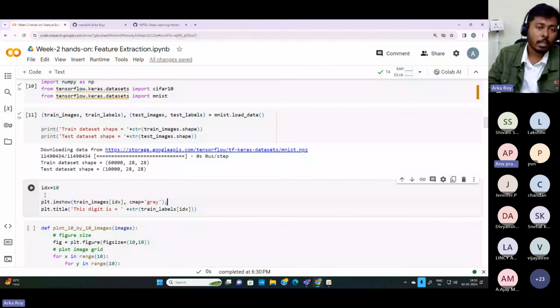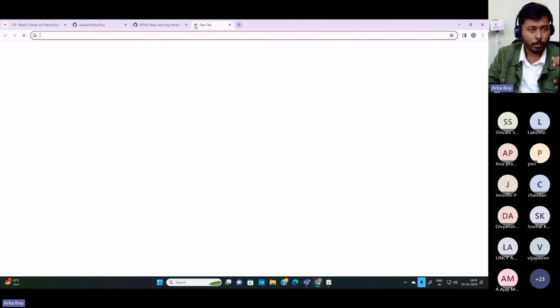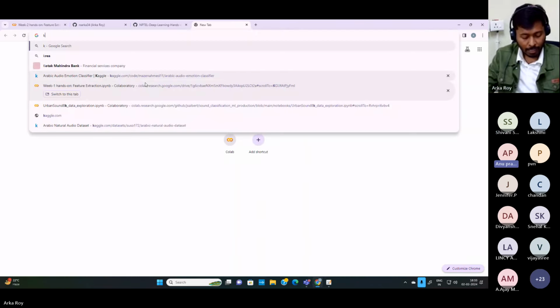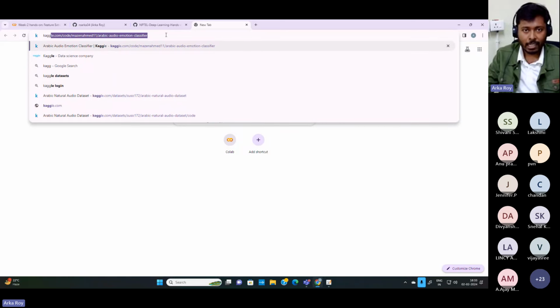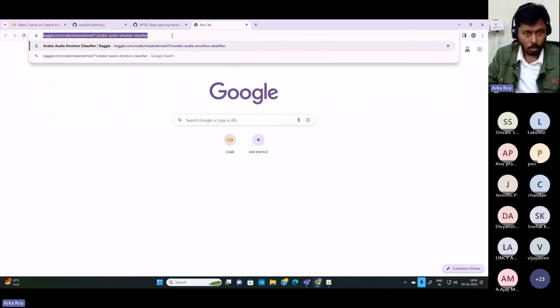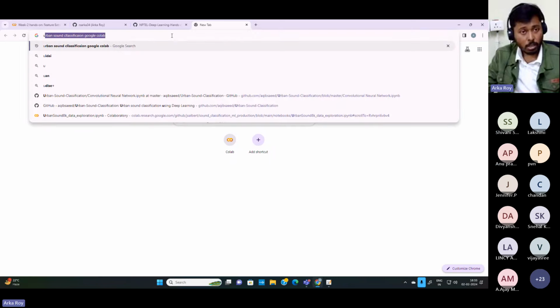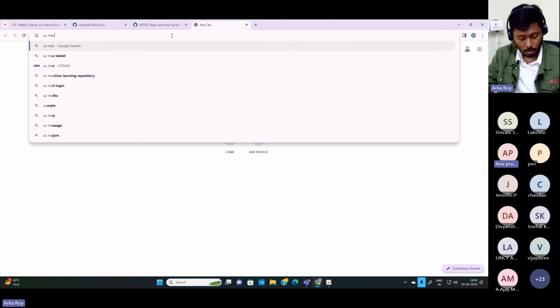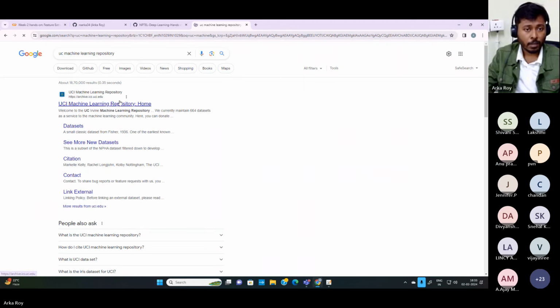From GitHub you can get n number of repositories of data, as well as there are some other websites. For example, Kaggle can be used. Then you can use the UCI machine learning repository.